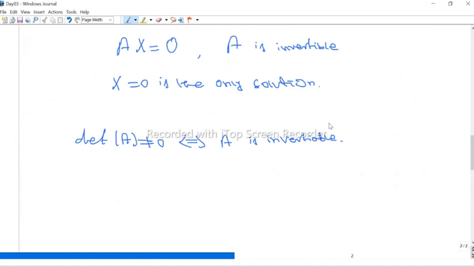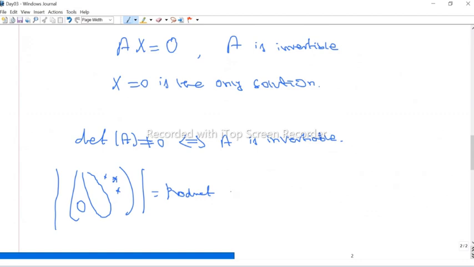So what is the determinant of a triangular matrix? It is nothing but the product of the diagonals. Suppose we have a triangular matrix, either upper triangular or lower triangular. Suppose these are the diagonal elements, and below the diagonal are 0, above the diagonal some non-zero elements are there. The determinant of these matrices is nothing but the product of the diagonal elements.